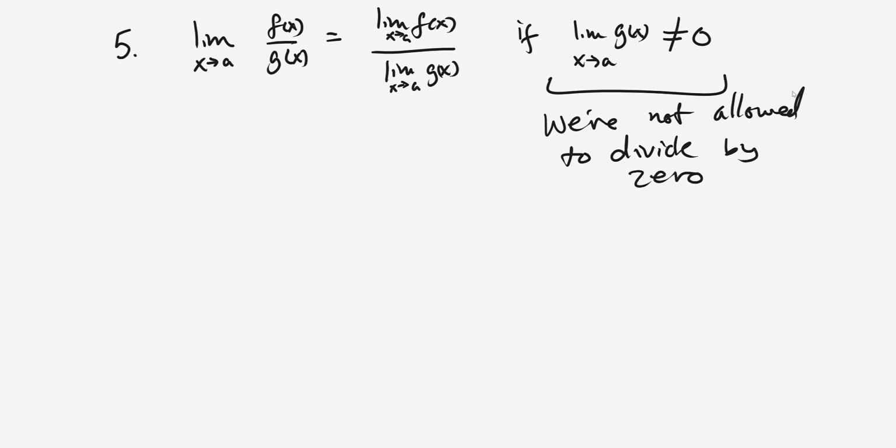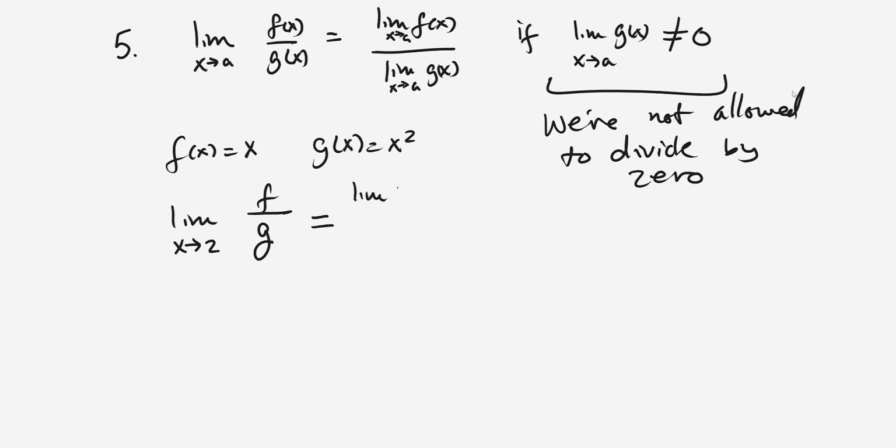Okay, so again, if we look at our usual example, if f of x equals x and g of x equals x squared, and we look at the limit as x goes to 2 of f divided by g, then we just have the limit of f divided by the limit of g, which is equal to x, which goes to a, and x squared, which goes to a squared.